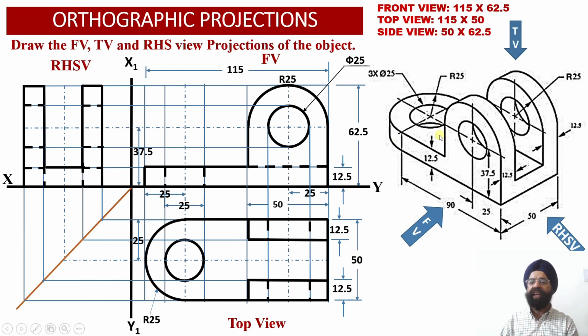Another thing we need to notice is that as we move towards this portion of the vertical surface of the web, and similarly toward this portion of the vertical web, this portion is not visible to the observer. That is 12.5 millimeter from the front face and 12.5 millimeter from the rear face alongside this horizontal web top surface.